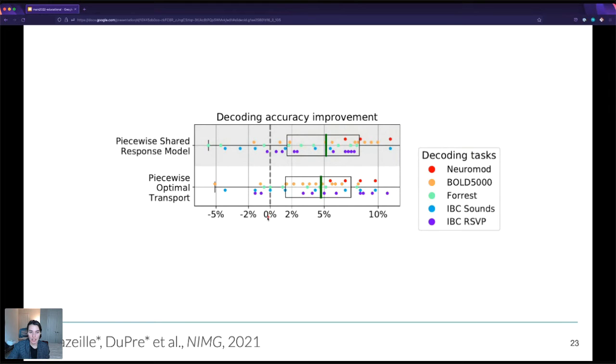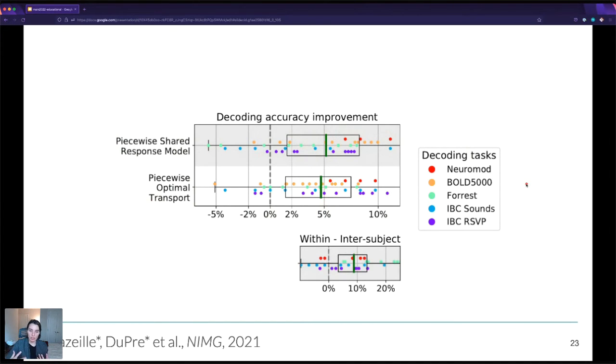We can see that these 2 methods, one of which I just showed you a minute ago, the shared response model, a low dimensional labeled data method, and piecewise optimal transport, a high dimensional labeled data method, give on average across participants about a 5% improvement over anatomical alignment.